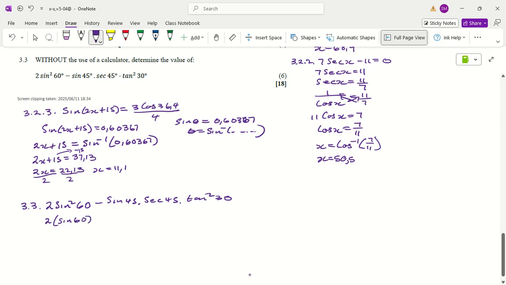60 squared minus sine 45 times, and then sec is the same as 1 over cos 45, and then multiplied by tan 30 squared. So very simple there. So sec is the reciprocal of cos.